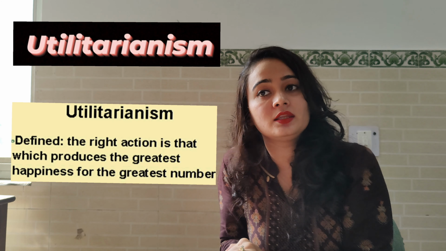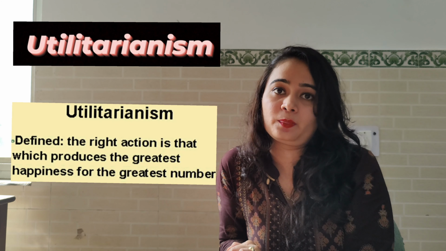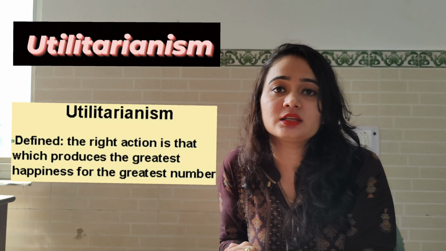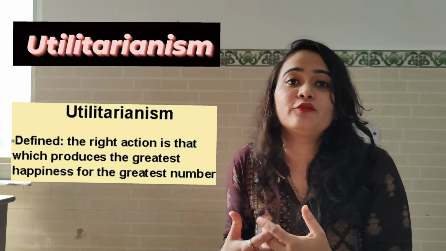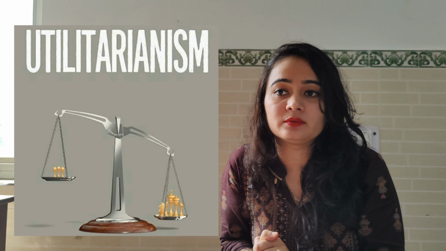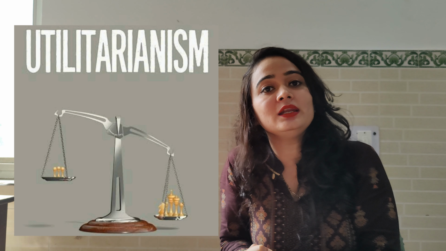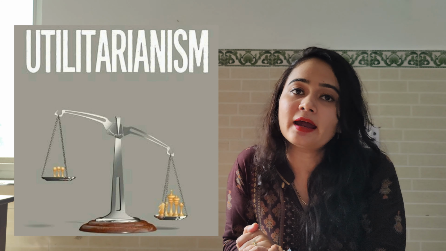Utilitarianism says the outcome is morally right if you are making the decision which is good or which is morally right for a large number of people. That means it benefits a large number of people. Only then your outcome will be treated as morally right.